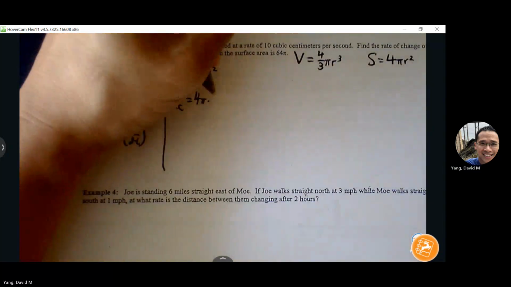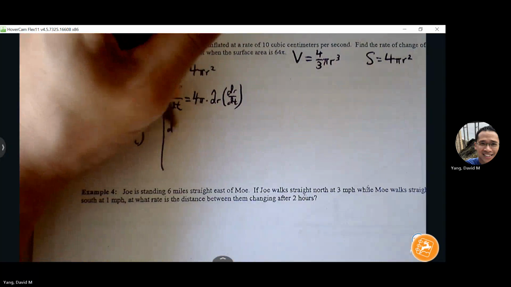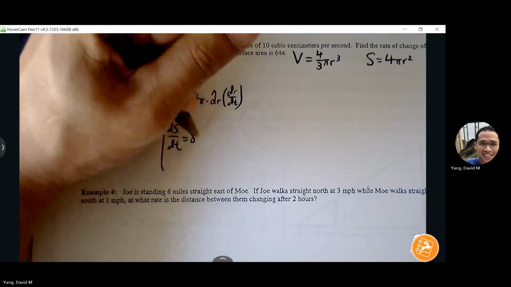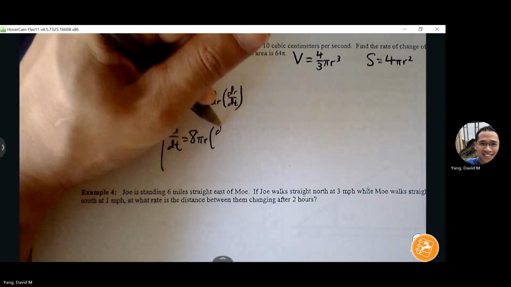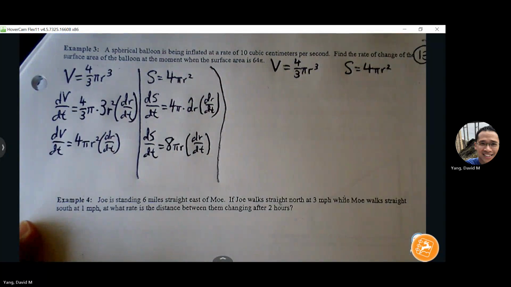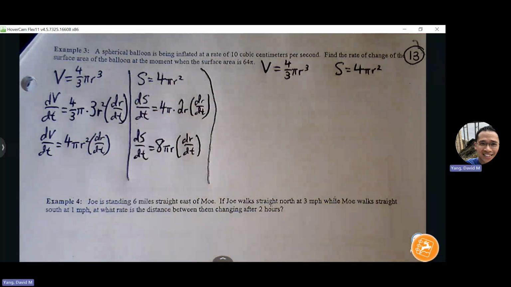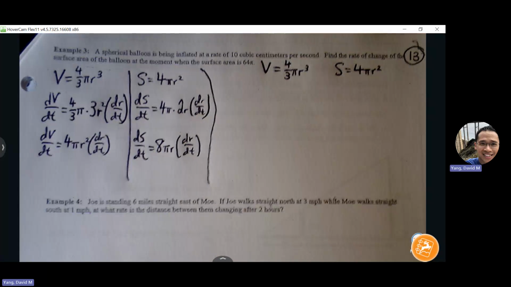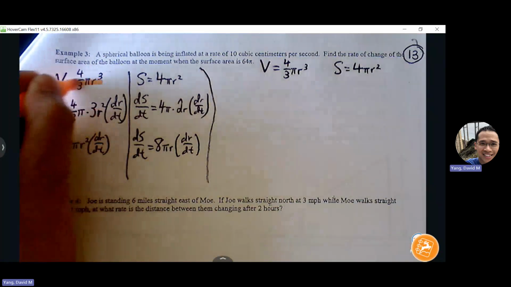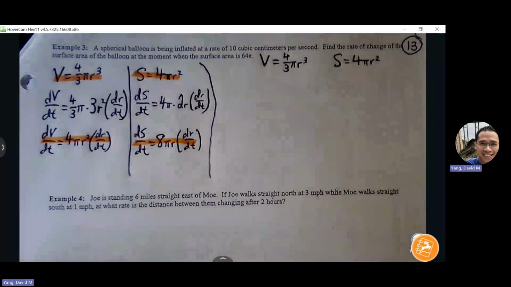R squared becomes 2r times dr over dt. Okay, the nice thing here is that everything we're going to be using to solve our problem is in front of us. At our disposal, we have the volume equation, the surface area equation, and the derivative equations. It just depends on what we need, but those are the tools available here.